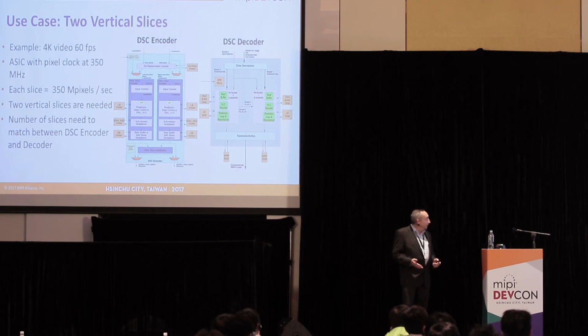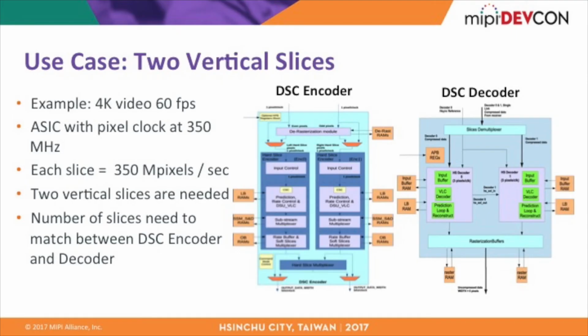So if I take, for example, the case of a 4K 60 application, and I have an ASIC technology that allows me to do a pixel clock at, say, about 350 megahertz, I know that in 4K 60, I have 600 megapixel per second requirement. So essentially, I will need to break up my image into 2 adjacent vertical slices in order to compress my picture images in real time.